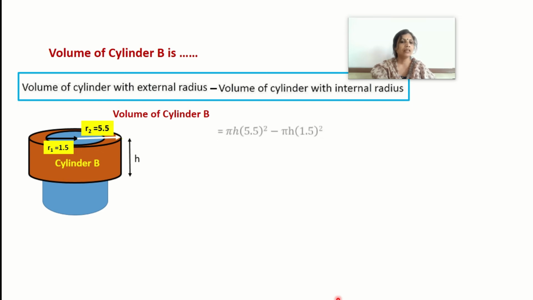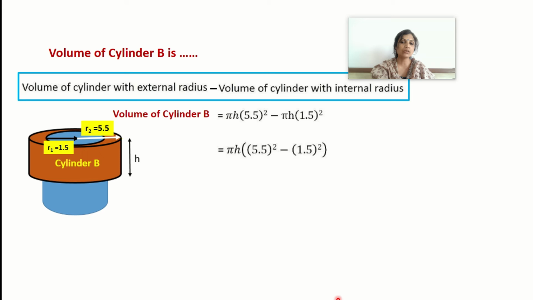The volume with external radius is pi h 5.5 the whole square minus pi h 1.5 the whole square. So let's take this pi h common. So in the bracket we are left with 5.5 the whole square minus 1.5 the whole square. Alright. So we are left with pi h, 5.5 the whole square is 30.25 minus 1.5 the whole square is 2.25. Subtract these two values and your answer is pi h into 28.